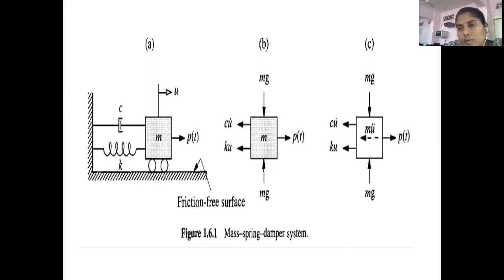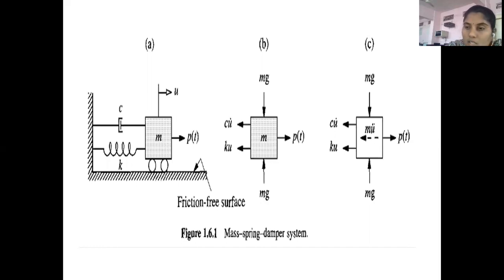C हा पॅरामीटर कशासाठी आहे, तर C is the parameter which is for the damping only. मग त्यामध्ये damping असेल तर if the system is a damped system, then the Cu dot parameter will be there. If that system has forced vibration, then the P of T parameter will be there. If that system is a free vibration, then P of T will be equal to 0, means P of T will not come over there. And if the damping system is there, then the C parameter will come.